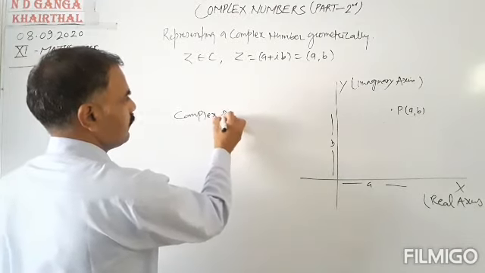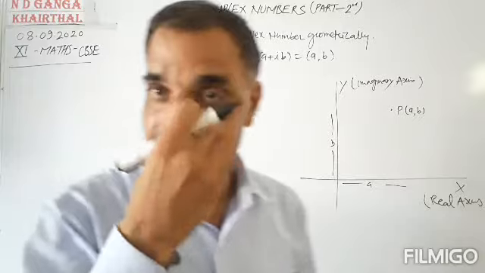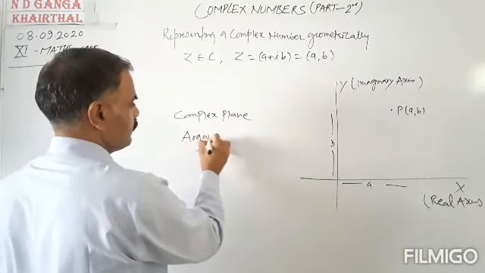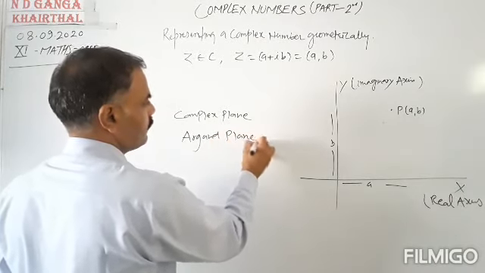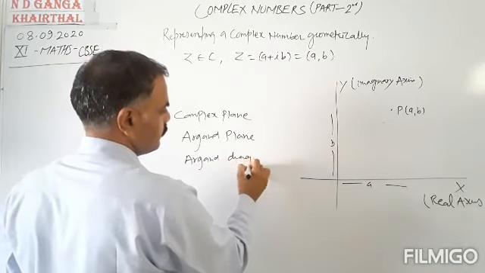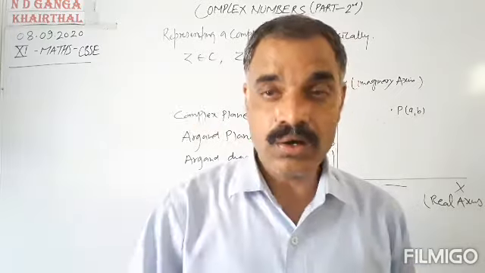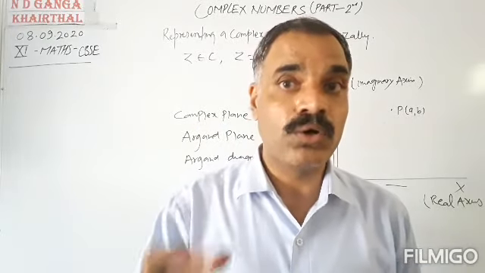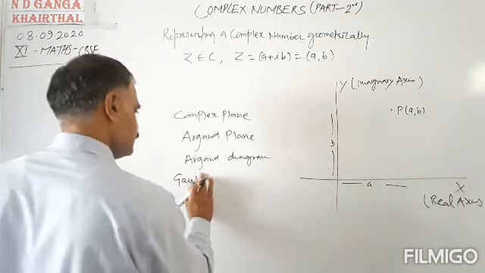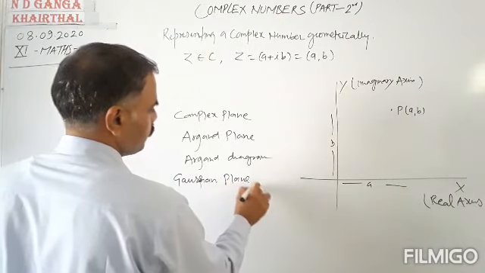This plane has different names: complex plane, Argand plane, Argand diagram, and it was given by Gauss, that is why it is also known as the Gaussian plane.